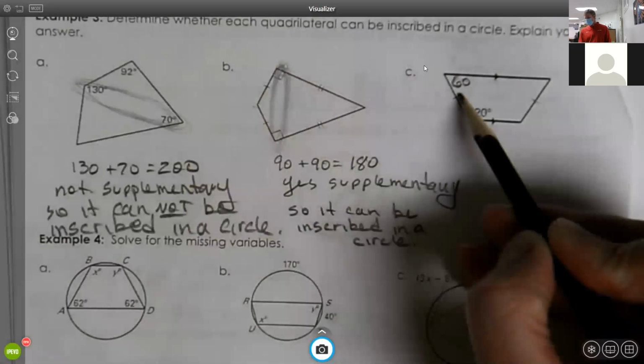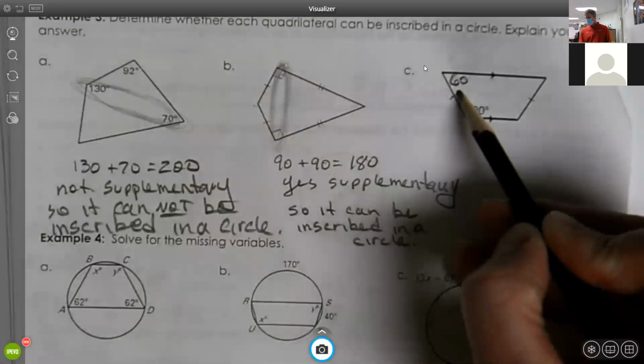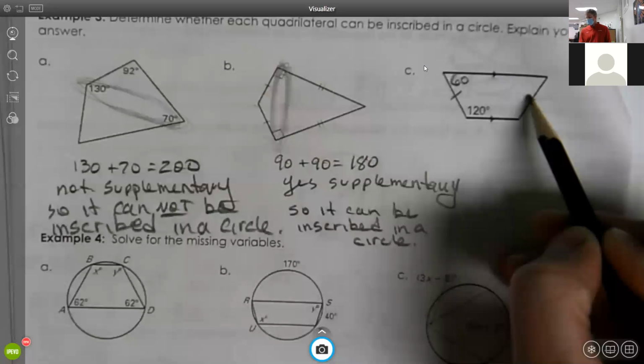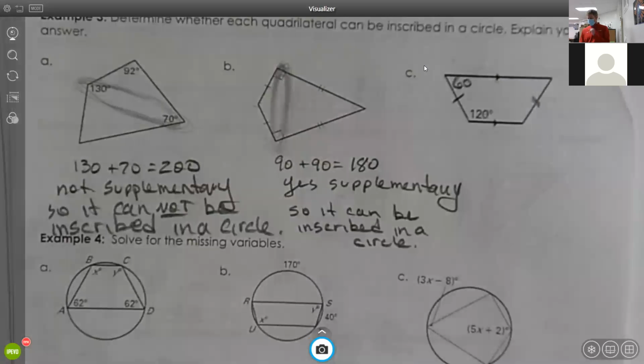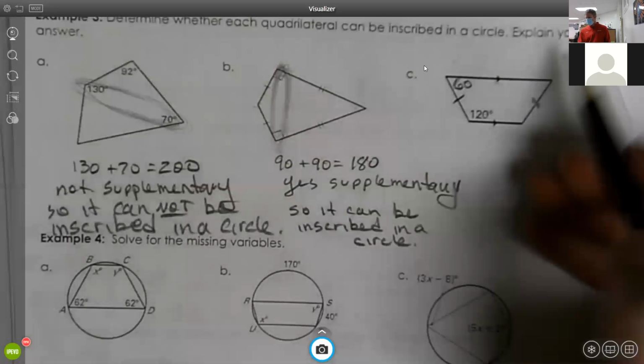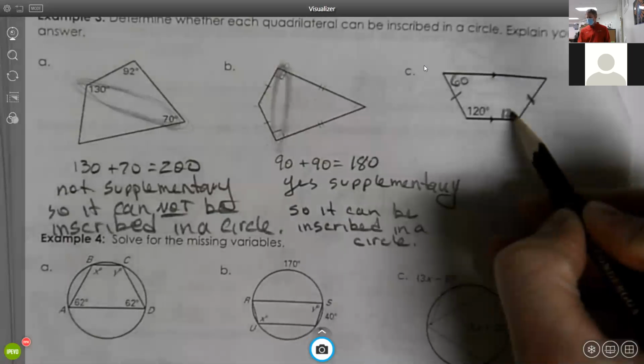Notice that we have dash marks on the legs of this trapezoid. That's making it an isosceles trapezoid, which means that the base angles are congruent.